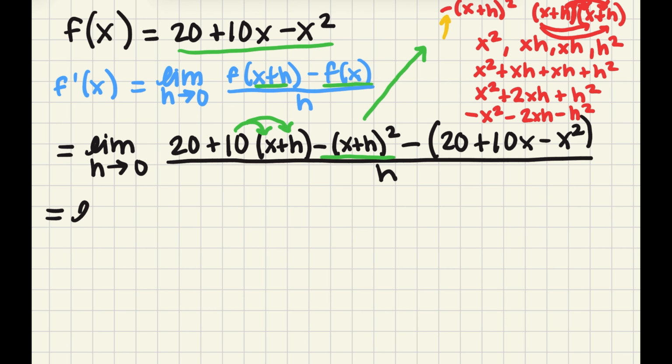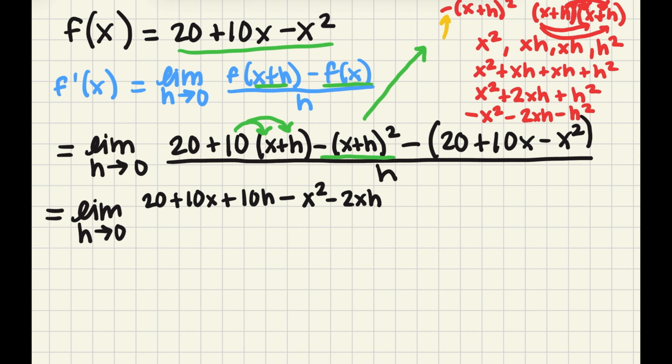Okay, so the limit as h approaches 0 will give us 20 plus 10x, remember, we're distributing, plus 10h, minus our x squared minus 2xh minus h squared, minus our original function.